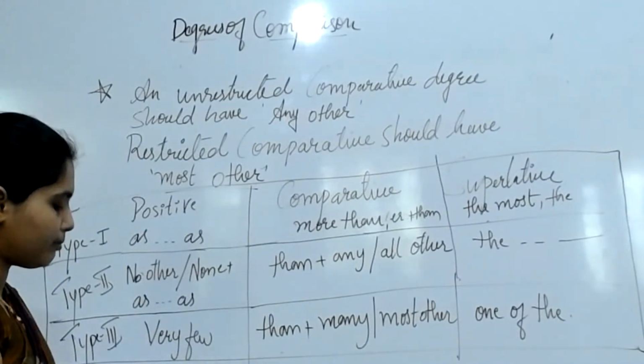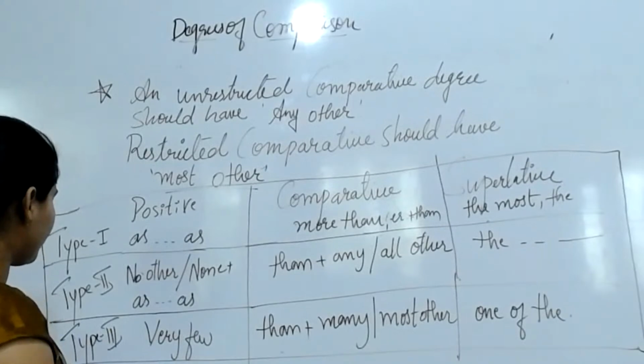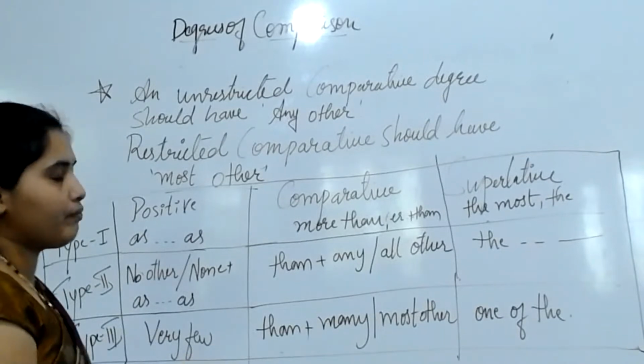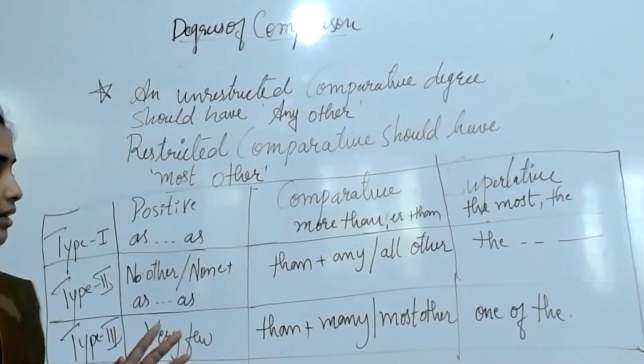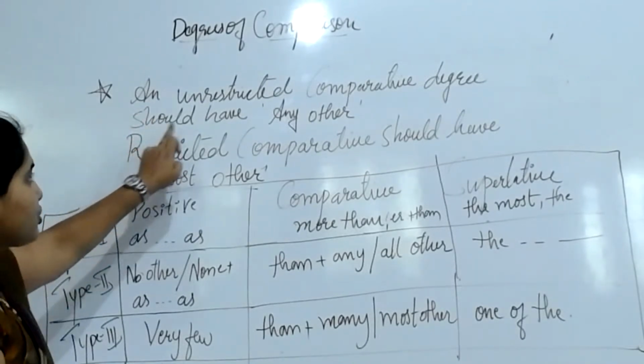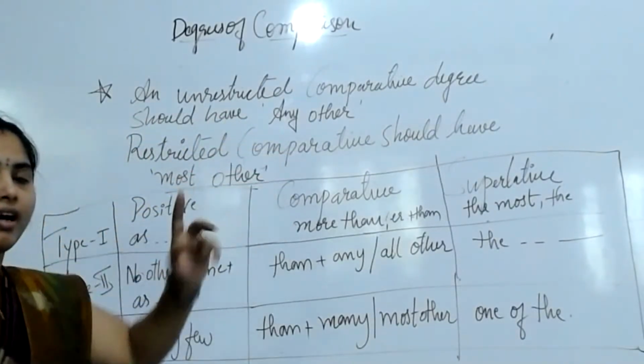So this is how the table shows how the adjectives are changed in their degrees in the three types, that is type 1, type 2 and type 3. See, another rule you have to follow while you are transforming is that an unrestricted comparative degree should have any other.